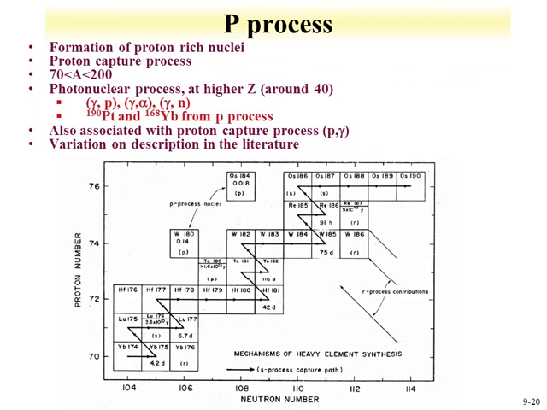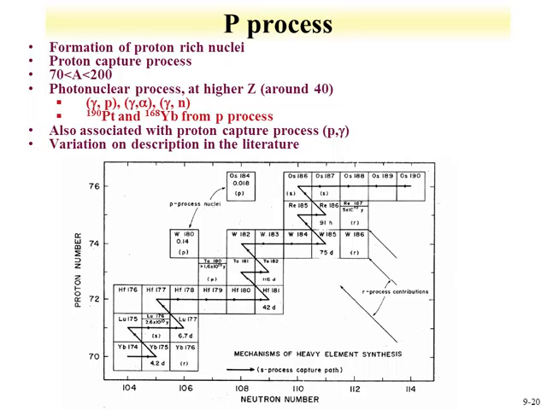The formation of proton-rich nuclei or neutron-deficient nuclei occurs through this P process, where we have a proton capture process, or we can have photonuclear processes at high Z, let's say of around 40. These photonuclear processes, as we discussed earlier, can result in emission of protons, alphas, or neutrons.